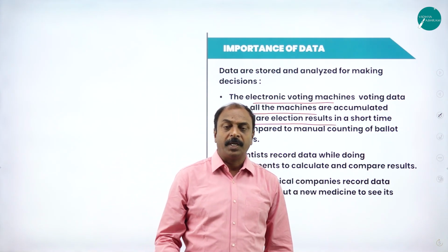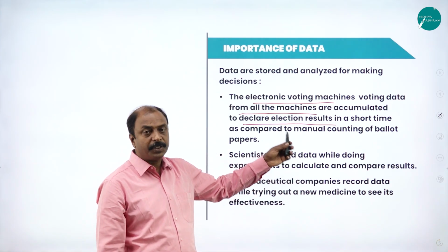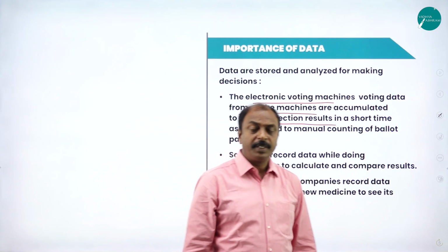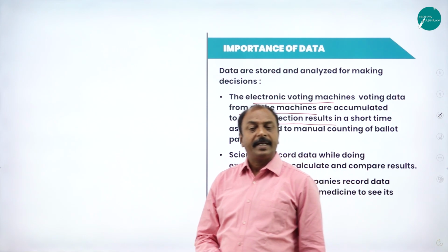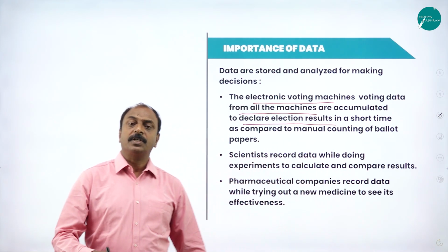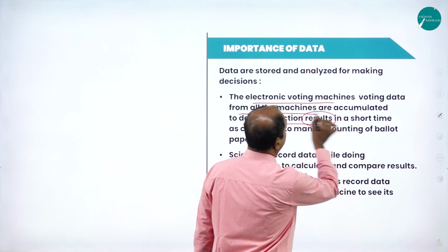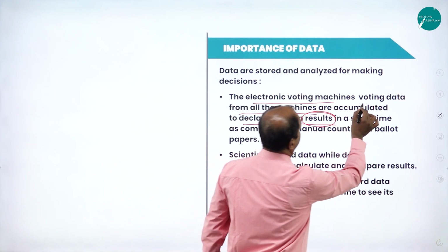All the votes cast are recorded in EVM machines, and on the date of the result, at one center they will open them, get all the information, start the counting, and finally declare the result. See, that is the importance of voting data.